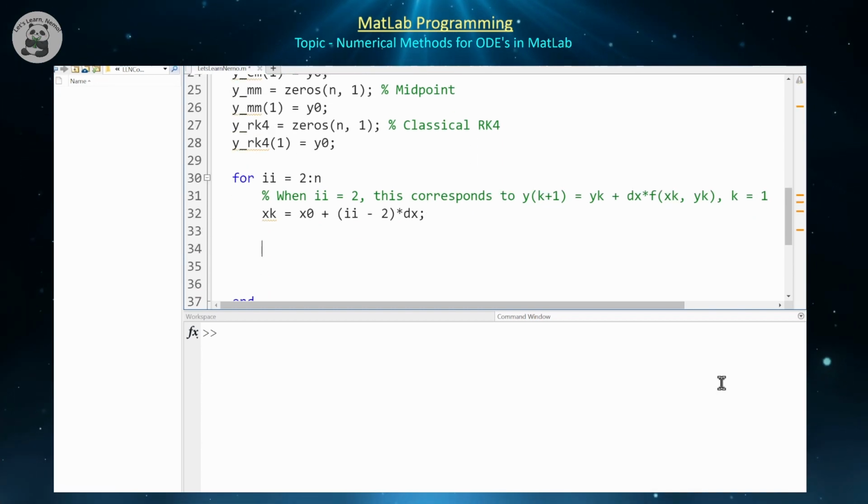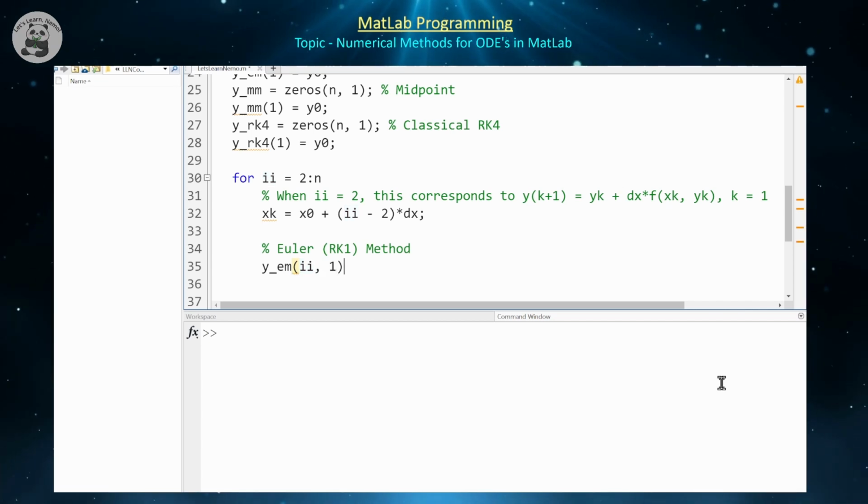Right? So once you have convinced yourself that that is where you want to go, now we're ready to code. Let's start off with the Euler method, which of course is sometimes referred to as the RK1 method. So EM for Euler method, double I, 1.